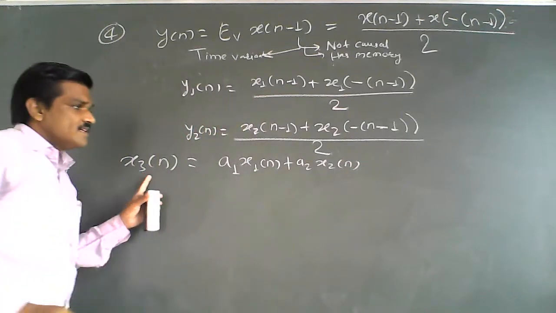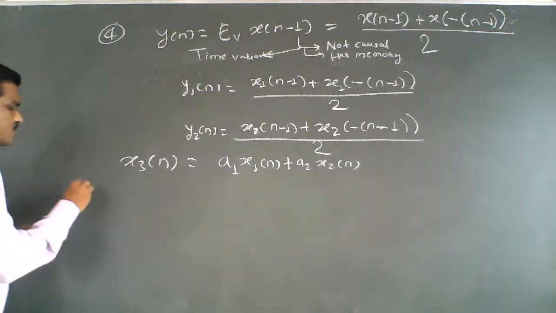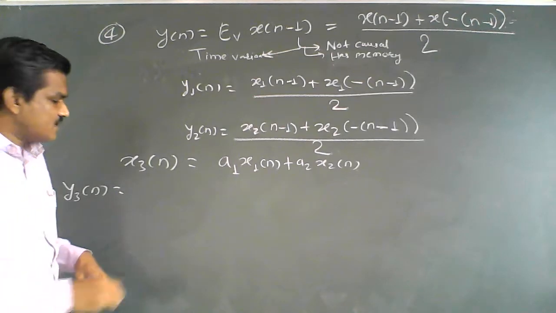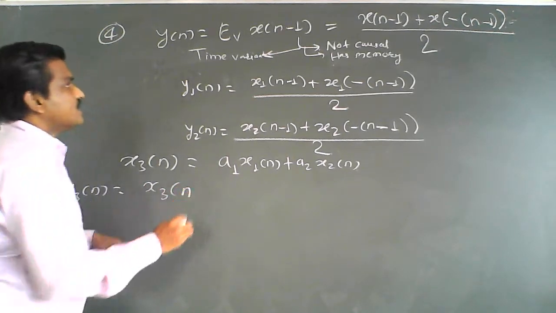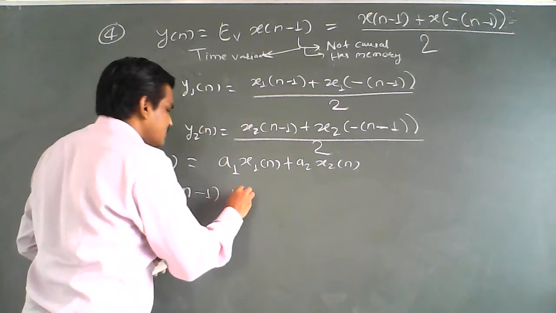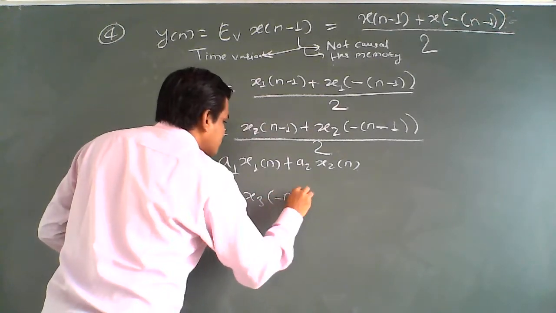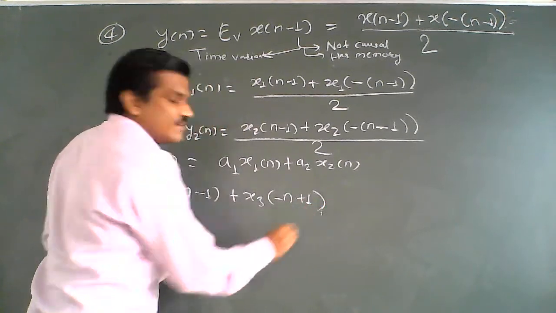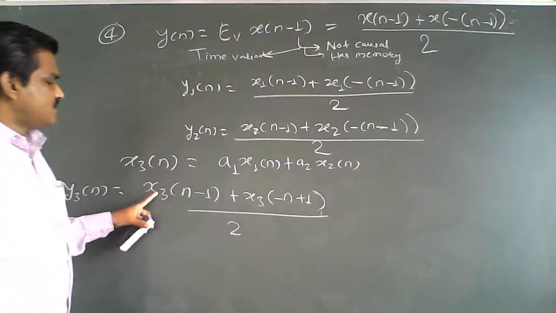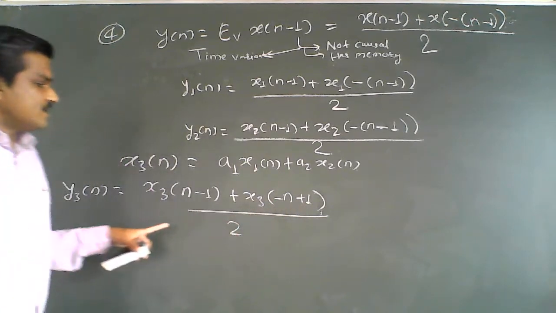Therefore, what will be the output? y3 of n is x3 of n minus 1 plus x3 of minus n plus 1, divided by 2.